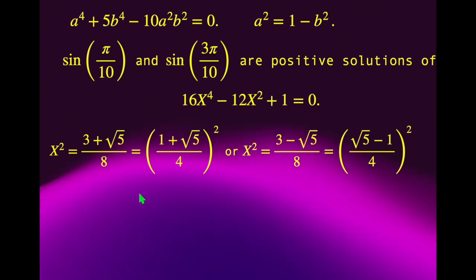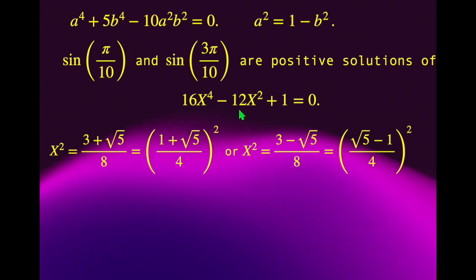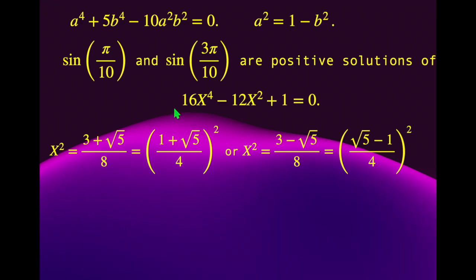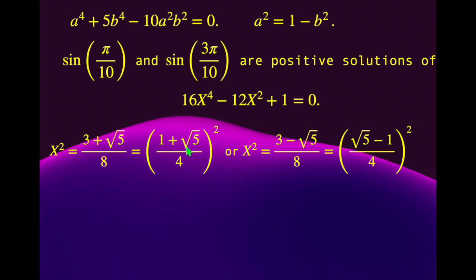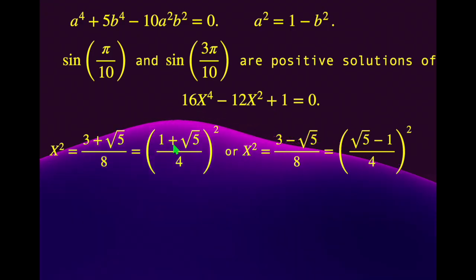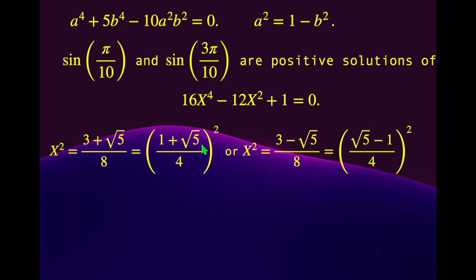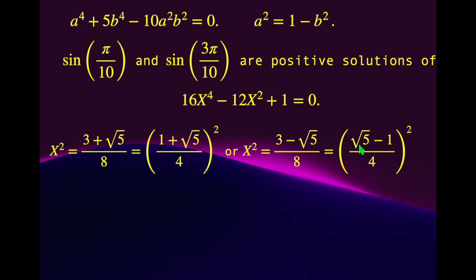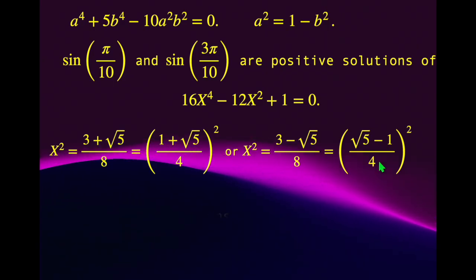Finally we find that the positive solutions of this equation are indeed (1 plus square root of 5) over 4 and (square root of 5 minus 1) over 4.